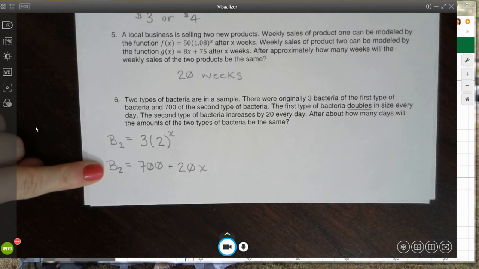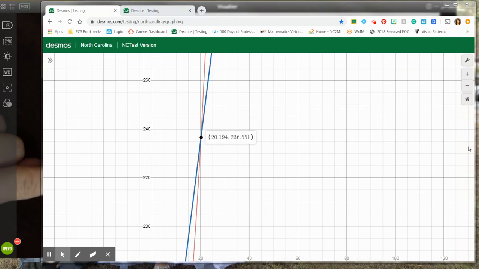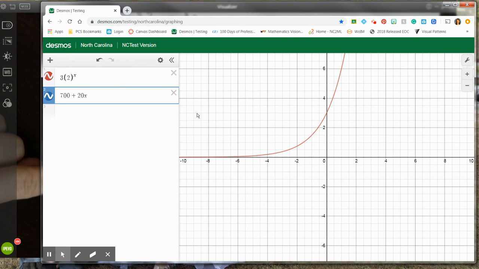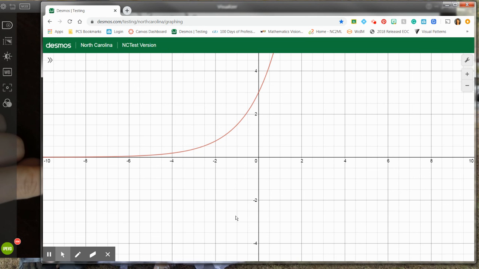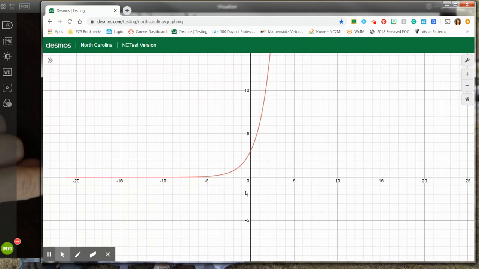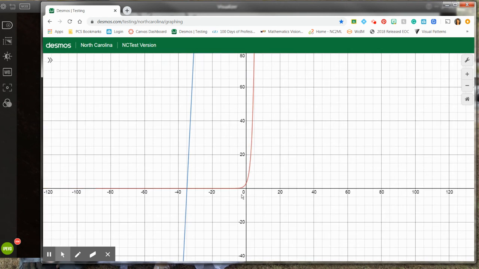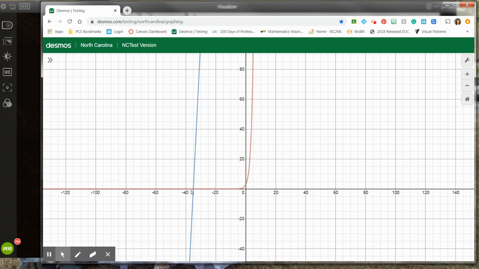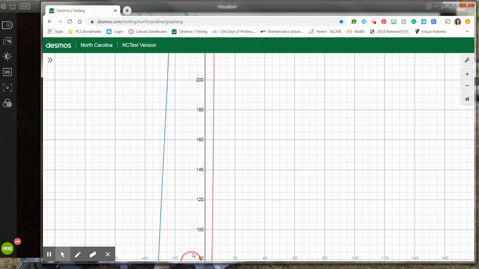So I put these two equations into my Desmos graph already. Now again, you'll notice I can't see everything I need to. So I'm going to start zooming out to see if I can find when these intersect. Here's one, but X represents days, and I can't have negative days.